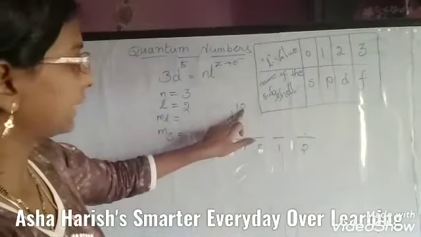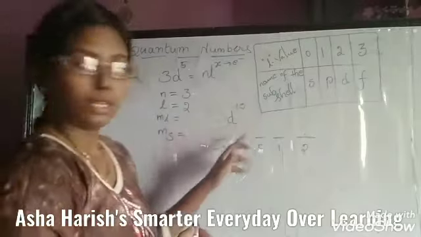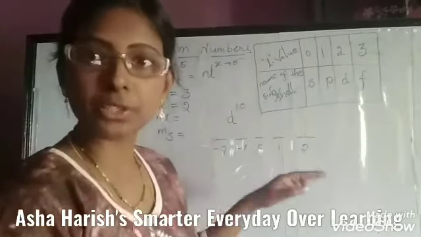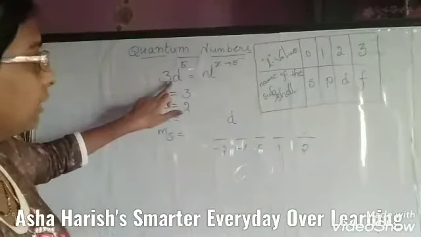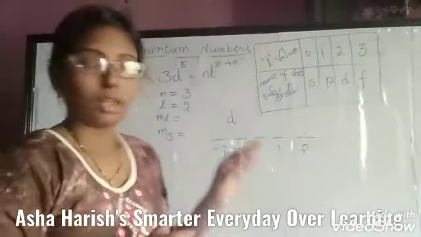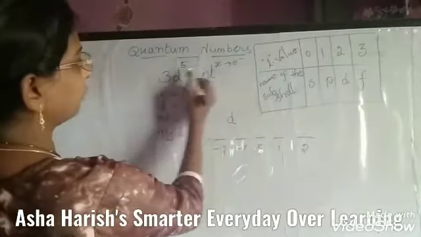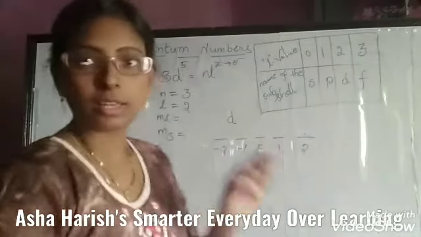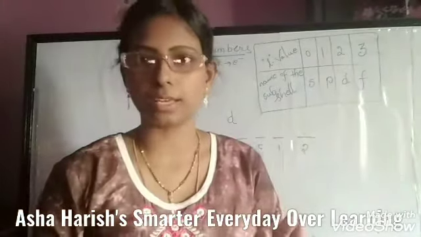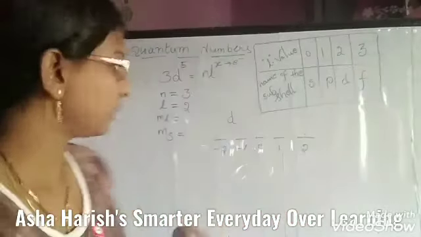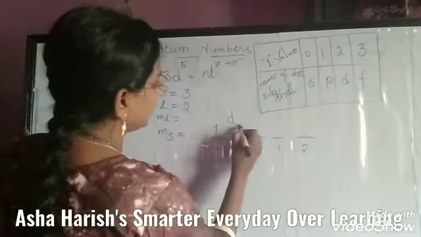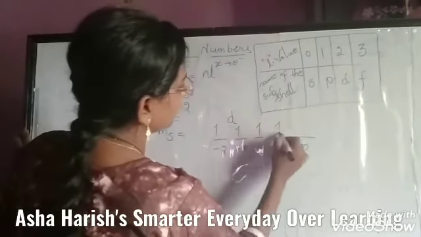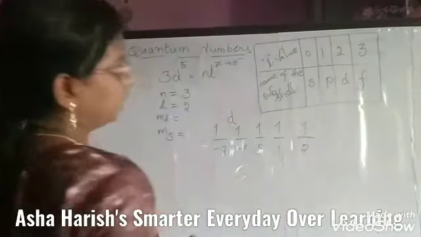If there are 10 electrons, occupying of the 10 electrons must be there. Suppose here we are having 3d5, so in the place of x, 5 is there. That means there are totally 5 electrons. The arrangement of the 5 electrons should be like this: 1, 2, 3, 4 and 5.